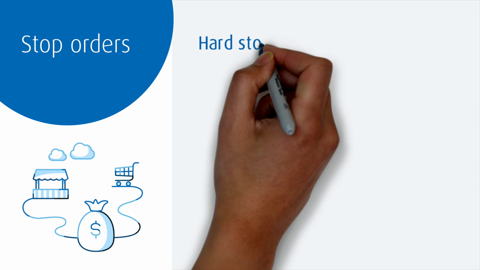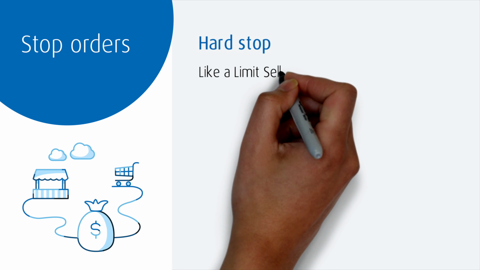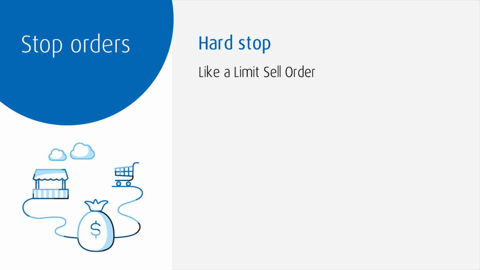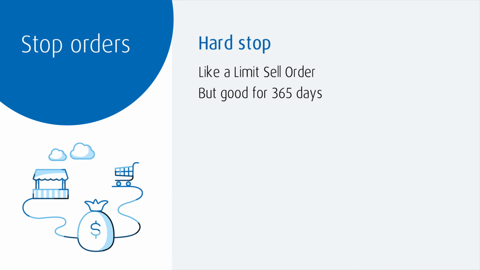The hard stop order. A hard stop order is like a limit sell order, except while a limit order has a maximum duration of 45 days, a hard stop order is good for 365 days.